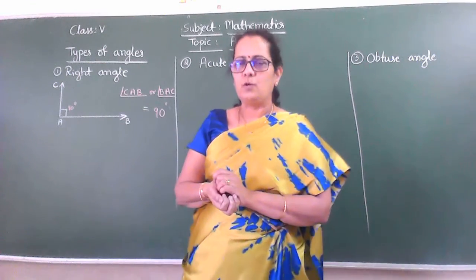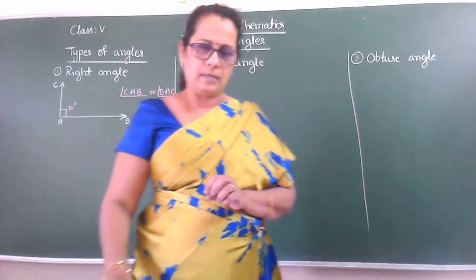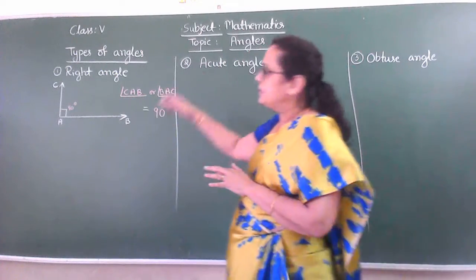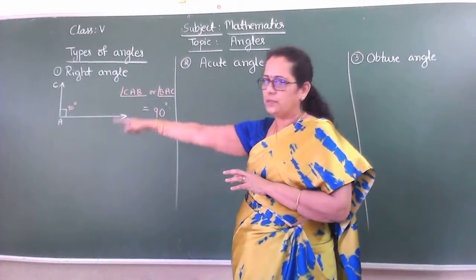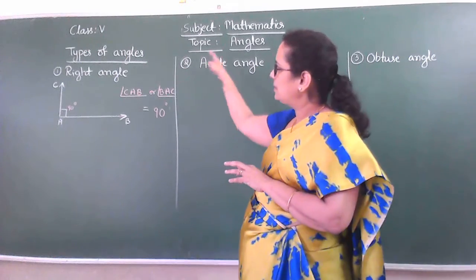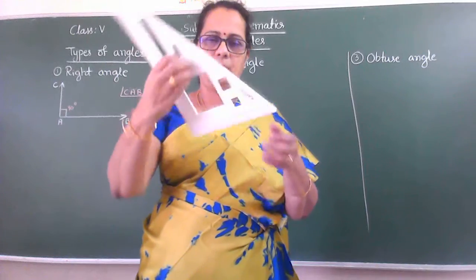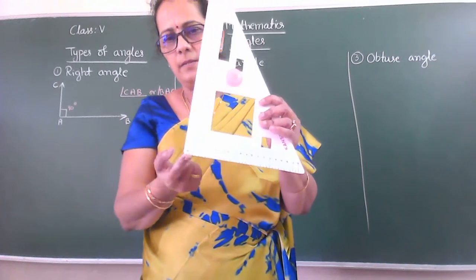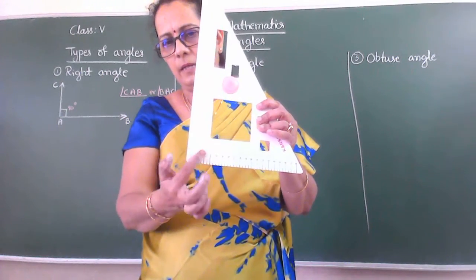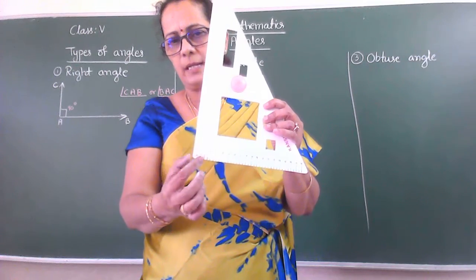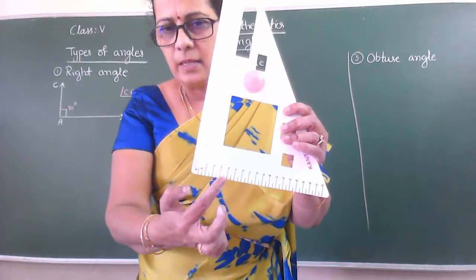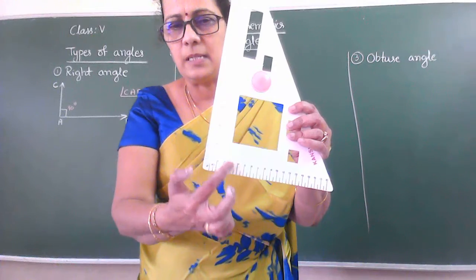You can give so many examples for right angle. See the corner of the board, that is 90 degree. In the set square, the angle between the two straight lines is 90 degree.